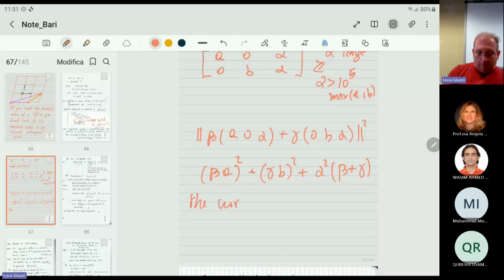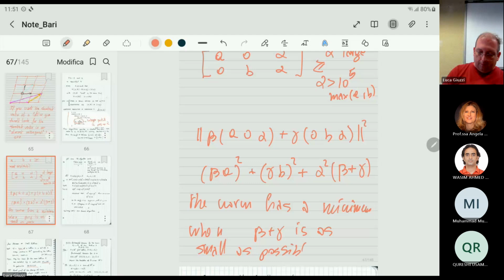So the norm of this vector has a minimum when beta plus gamma is as small as possible in modulus.